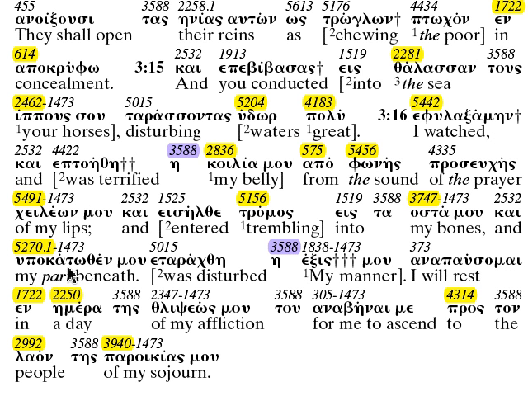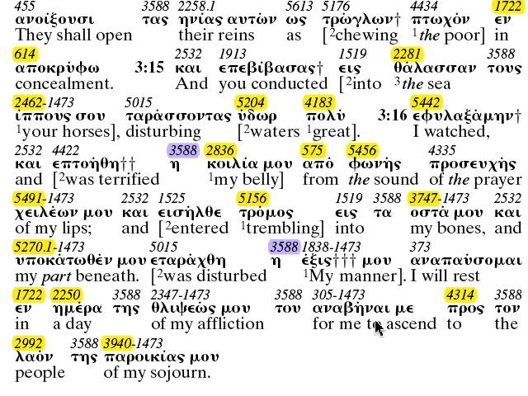Ipo is under, hypo, and kato also is under, my underneath part. My manner was disturbed. I will rest in a day, ephemeral is the derivative, in the day of my affliction. I will rest. So all these things are going on that are happening, but I will rest in a day of my affliction.